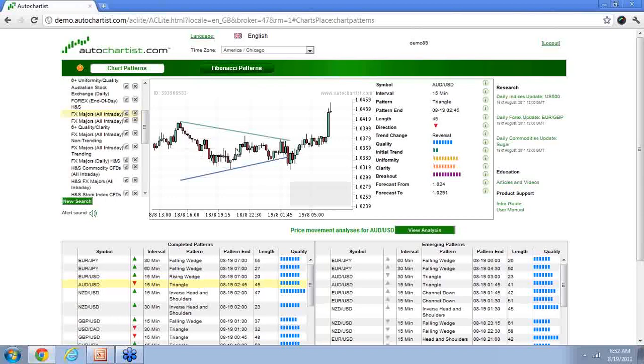When you have a low initial trend pattern breakout and the pattern is non-trending, that would mean that there's compression and that the market has compressed so much that you know there's going to be a breakout, but you're not sure.